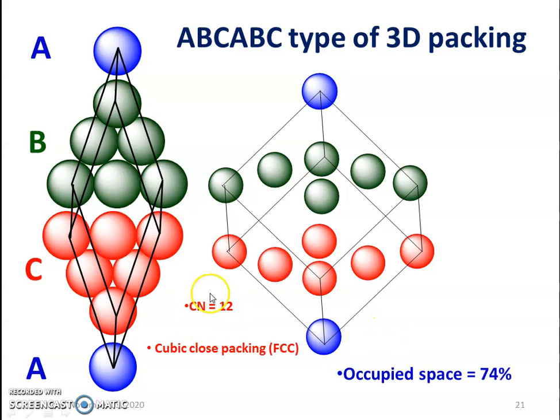Here the coordination number of each sphere is 12, and the occupied space is 74%. So this is the ABC type of packing, and as I already told you, it results in the cubic close packed structure or face-centered cubic structure, FCC.